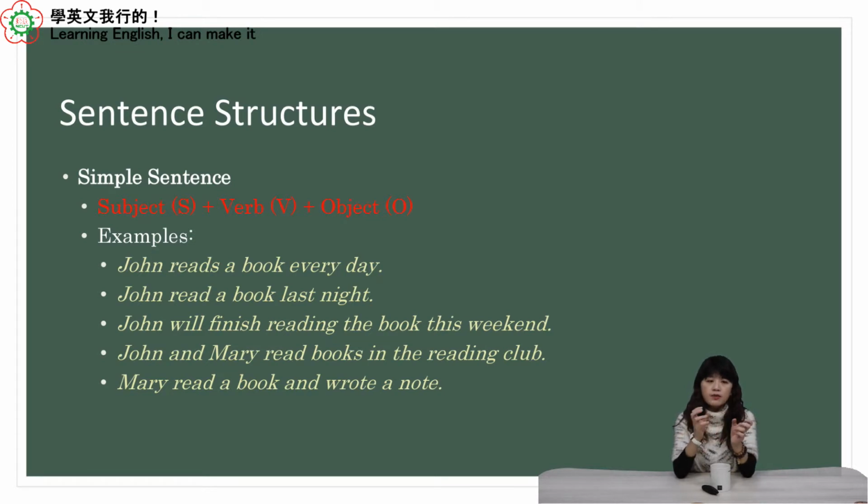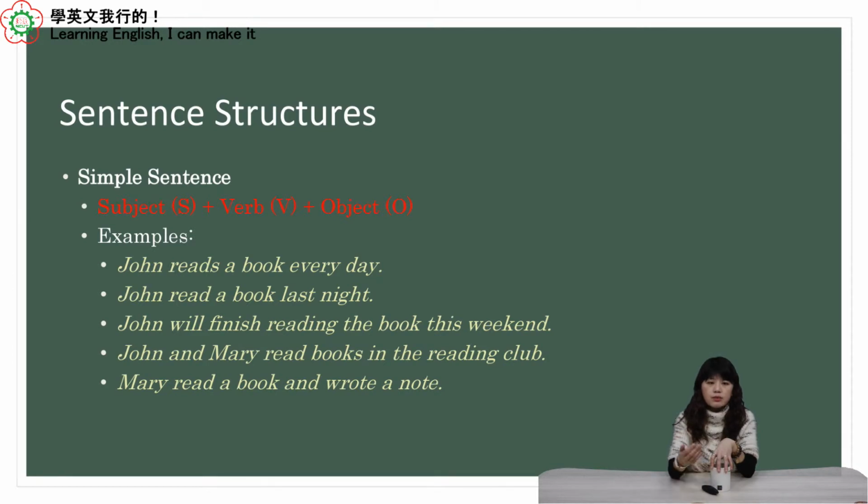Will means future, but don't forget, after will you need to add a regular verb, here finish. So will finish reading is the whole verb phrase. The book is the object, and this weekend is the time.